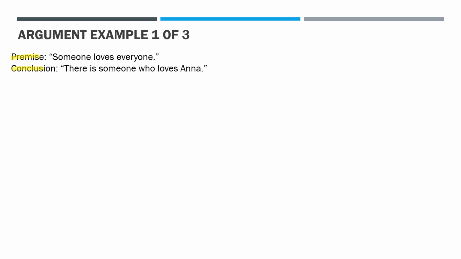We'll first symbolize, so let's do that. Our first premise, our only premise, is there exists some x such that for all y, Lxy. And our conclusion is, therefore, there is someone who loves Anna. So there exists some x such that Lxa.